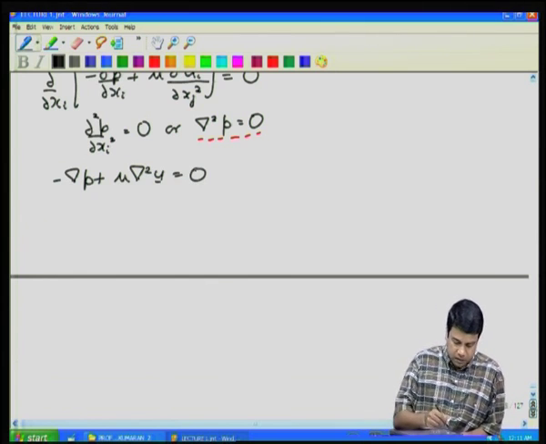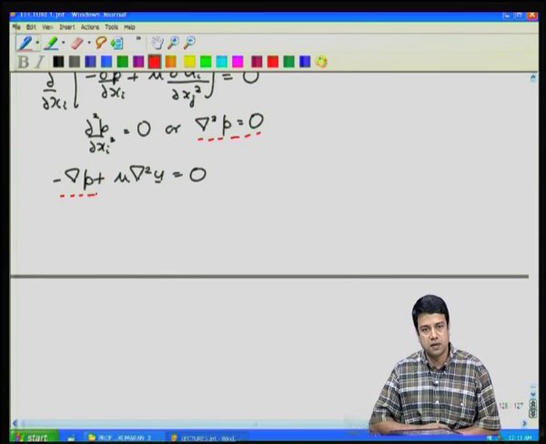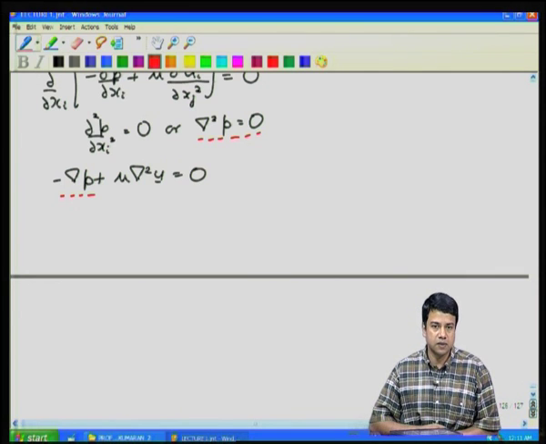So, in this equation, since I have evaluated the pressure, this can be considered as an inhomogeneous term, and so I get an inhomogeneous differential equation that is linear in the velocity.